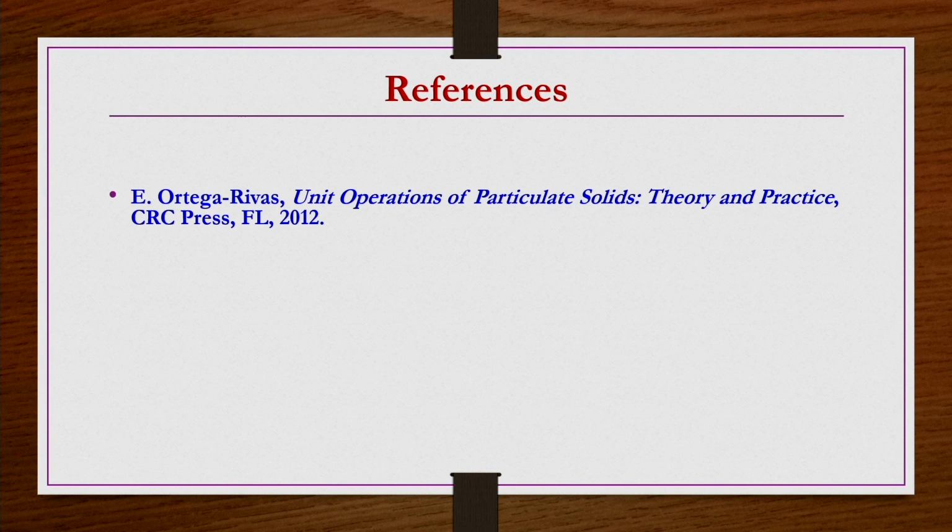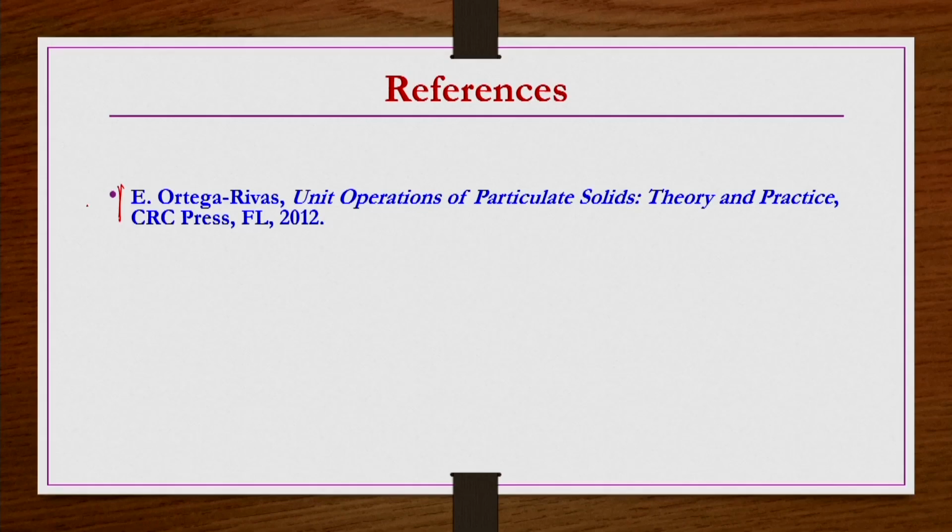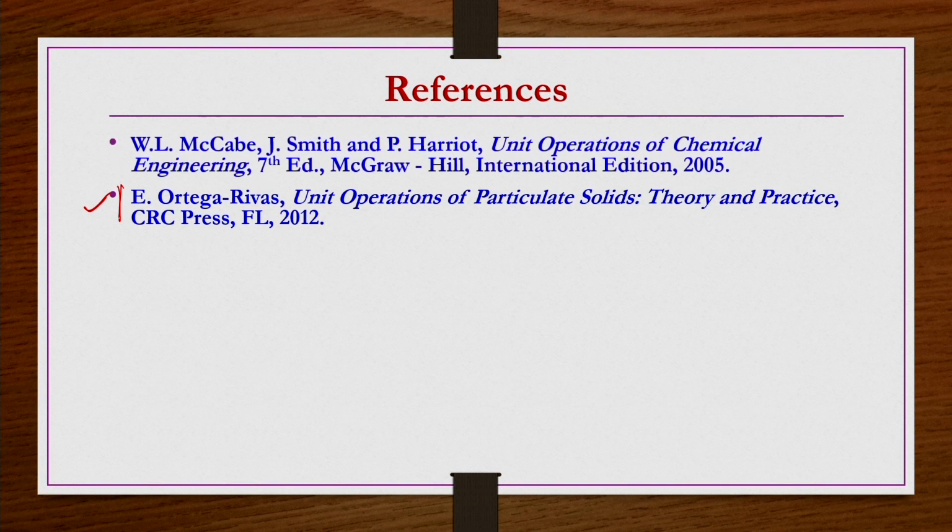A reference for this lecture: the entire lecture has been prepared by taking this reference. The details presented in this lecture have been taken from the book Unit Operations of Particulate Solids, Theory and Practice by Ortega-Rivas. However, we can find a few details of these aspects in Unit Operations of Chemical Engineering by McCabe, Smith and Harriott.